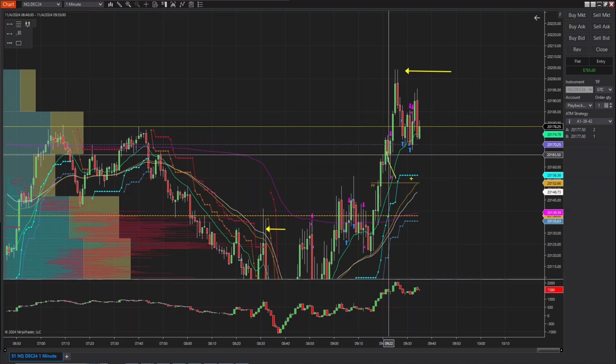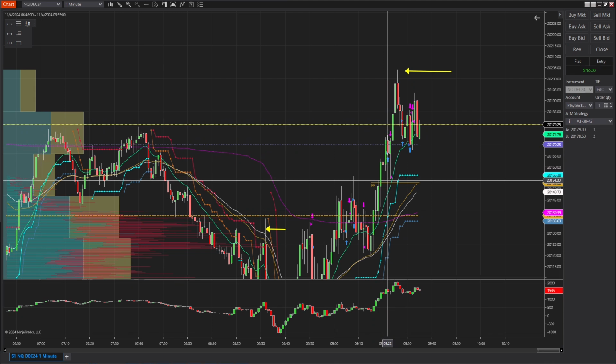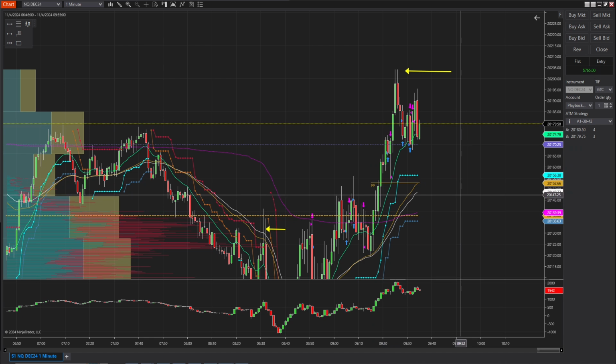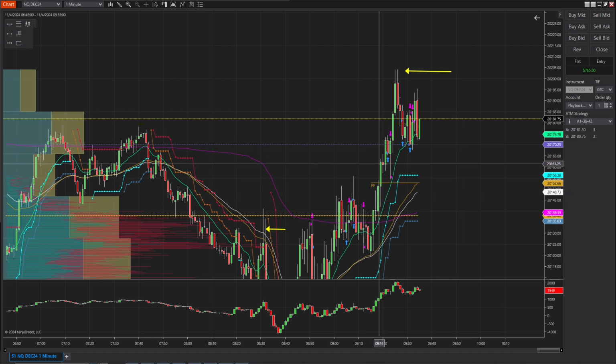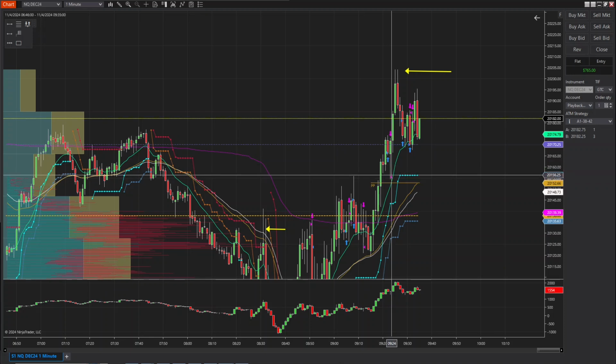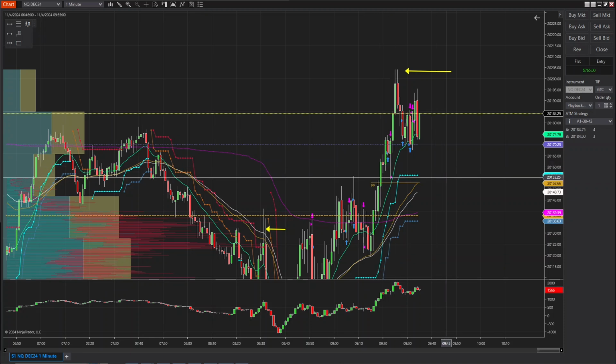This stopped out by just a couple of ticks, or maybe a couple of points. Even though I could widen the stop, it's better to have a better location, a better entry.